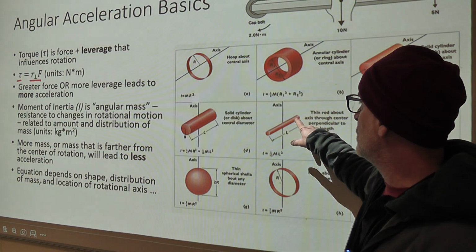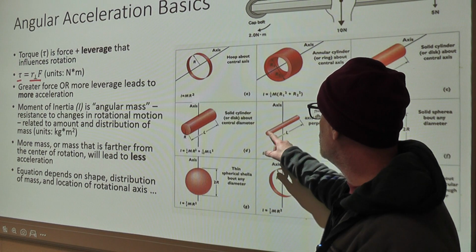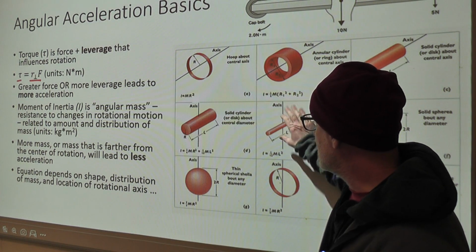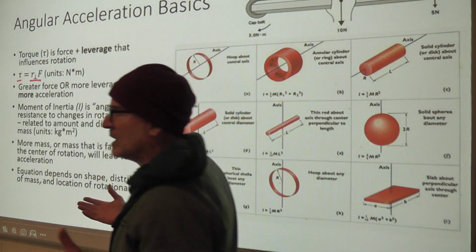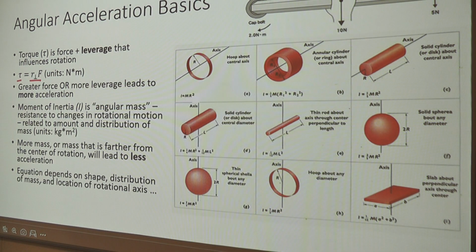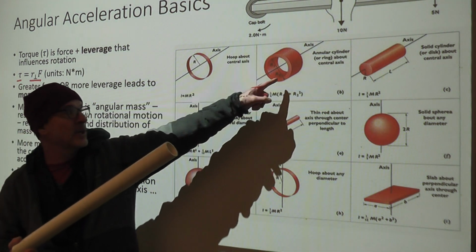If we have a cylinder like the one that I was just using, and it's uniform, we rotate it about the center, then we have an equation we can use. We just need to know the dimensions. This hollow tube, if I wanted to know its moment of inertia, I would find its mass and measure how long it is, and then I could plug it into one of these equations and figure it out.